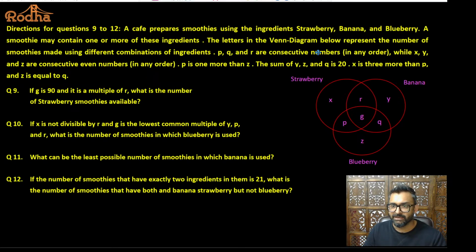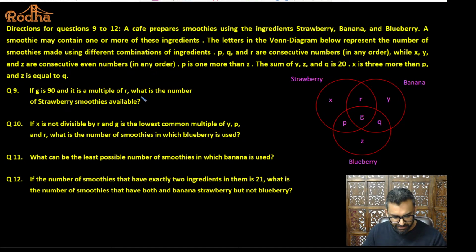P, Q, R are consecutive numbers in any order, that means the order is not defined. X, Y, Z are consecutive even numbers. P is 1 more than Z, and the sum of P, Z, Q is 20. X is 3 more than P, and Z is equal to Q. So some sort of interrelation is given between the variables, and we have to figure out different questions.